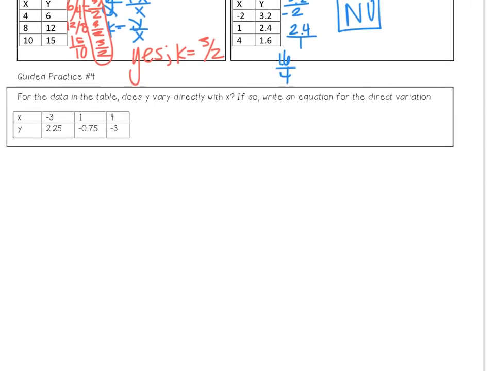Guided practice number 4, I give you a table. I want you to do y divided by x for each point. Tell me if it's the same, and if it is, the answer is yes, and tell me what the k is. Pause the video and resume it when you have got your answer.